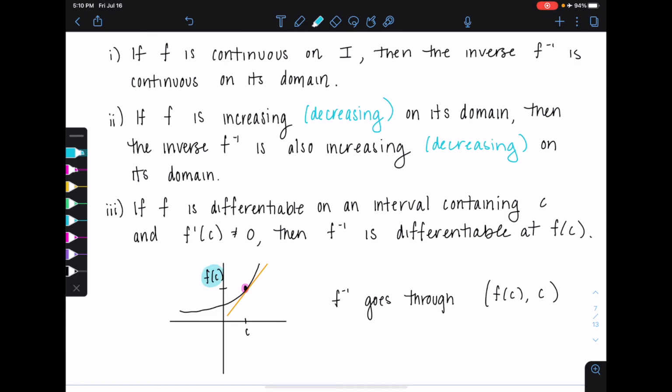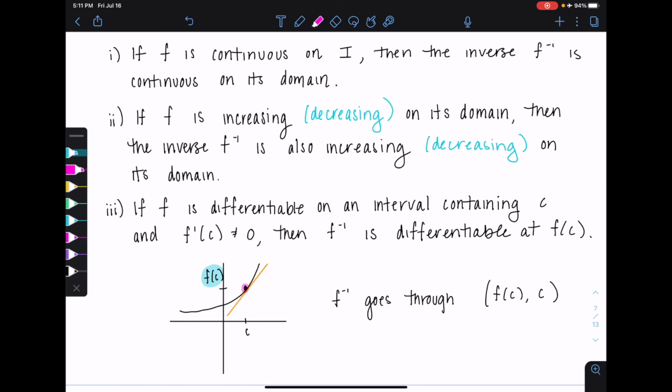So this becomes the input into my inverse function. And this line is going to give us the derivative of f at this point c. So if I flip this whole graph over, what that's going to do is still give me the slope of the tangent line, but now it's going to be at the point f of c instead.